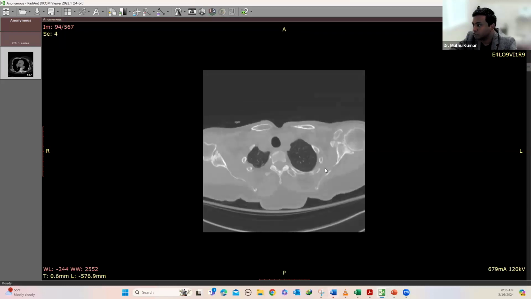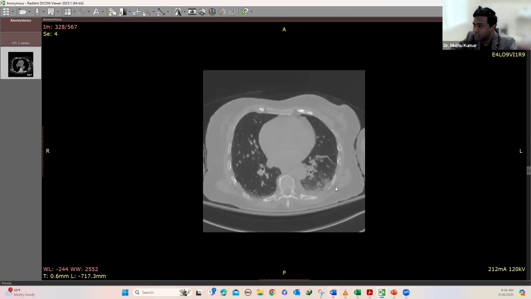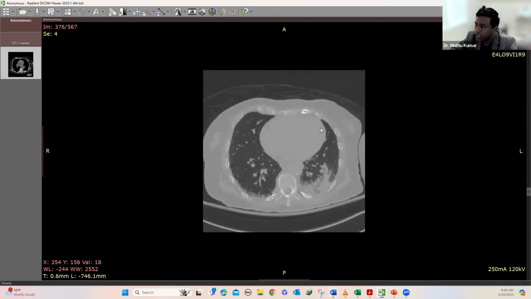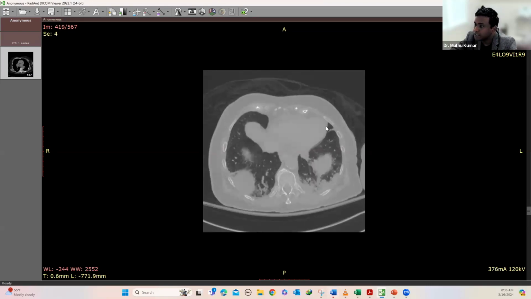So this is a 45-year-old male presented to the emergency department with a history of fever and non-specific dyspnea. As we scroll down on this patient, we were able to see there is peripherally placed mass-like consolidation predominantly in the bilateral lower lobes.